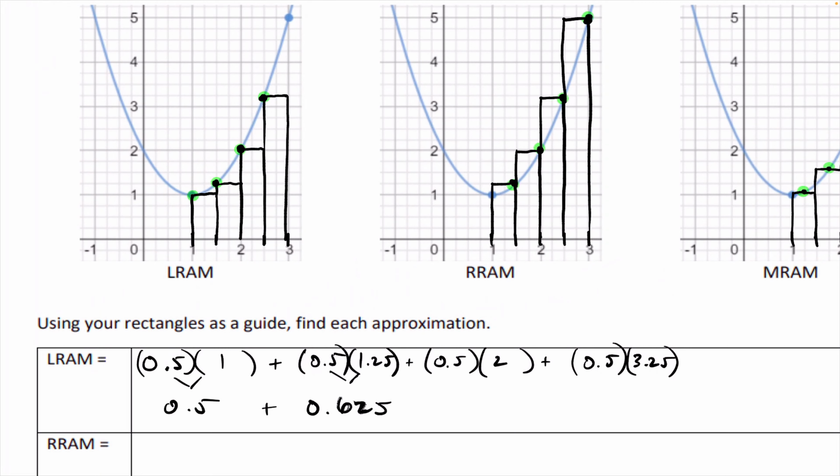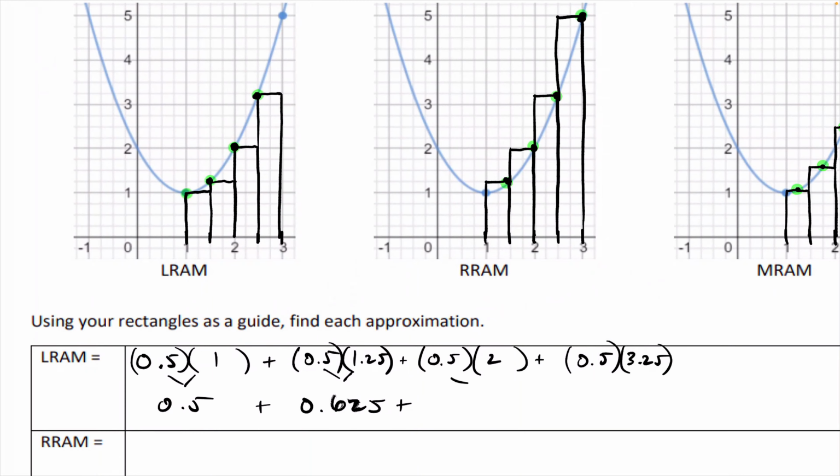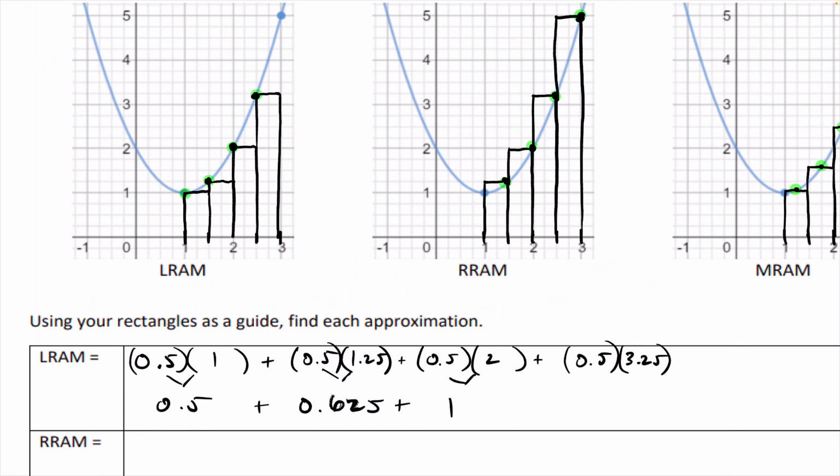Okay, we'll go with it. If it's wrong, we know who to blame. All right, quick, 0.5. Now what is 3.25 divided by 2? I think it's 1.625. If that one's wrong, you blame me.